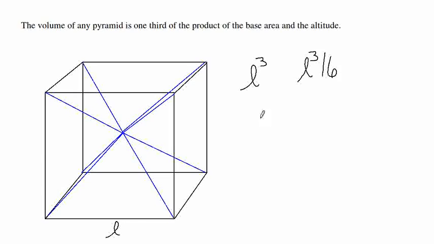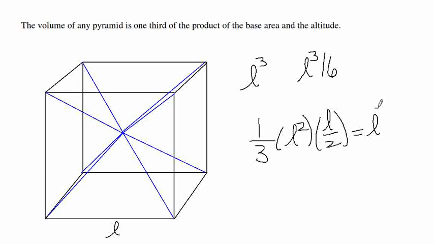The general formula is 1/3 times the base area times the height. The base area is L squared, right, because we have a square with sides of length L. The altitude of all the pyramids is L over 2. Okay, and indeed that simplifies to L cubed over 6.